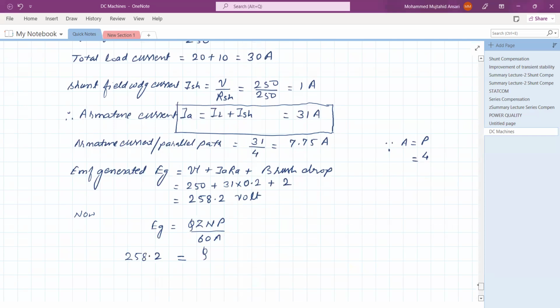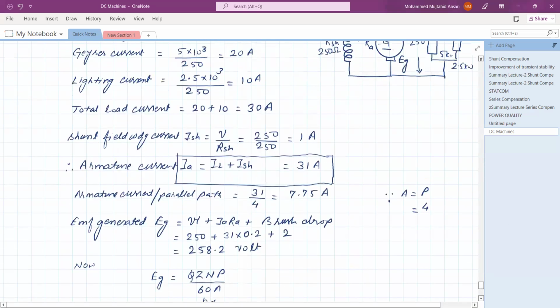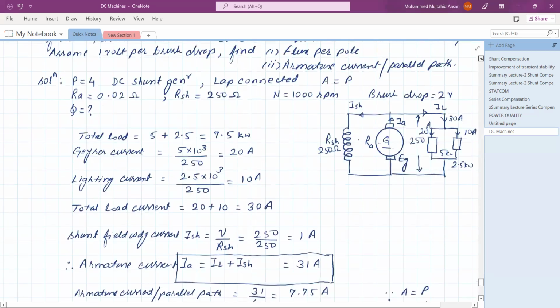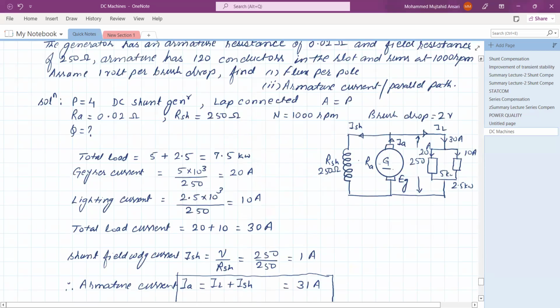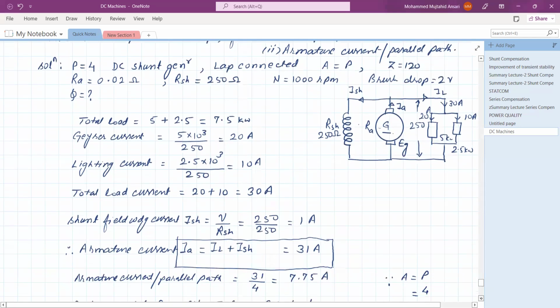Flux we want to know. Z is the total number of conductors. So just see what is given in the numerical. How many conductors are there? 120 conductors. Here Z, one more parameter. Z is equal to 120. It is given.